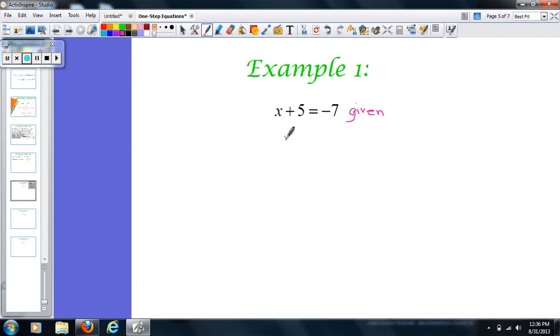And then our first step now would be to write, we're going to subtract 5, because remember when we solve, we want to do the opposite operation to the same number. So I want to get rid of the plus 5, so I'm going to subtract 5 from both sides. Now, going from this step to here would be what we would consider our additive property.